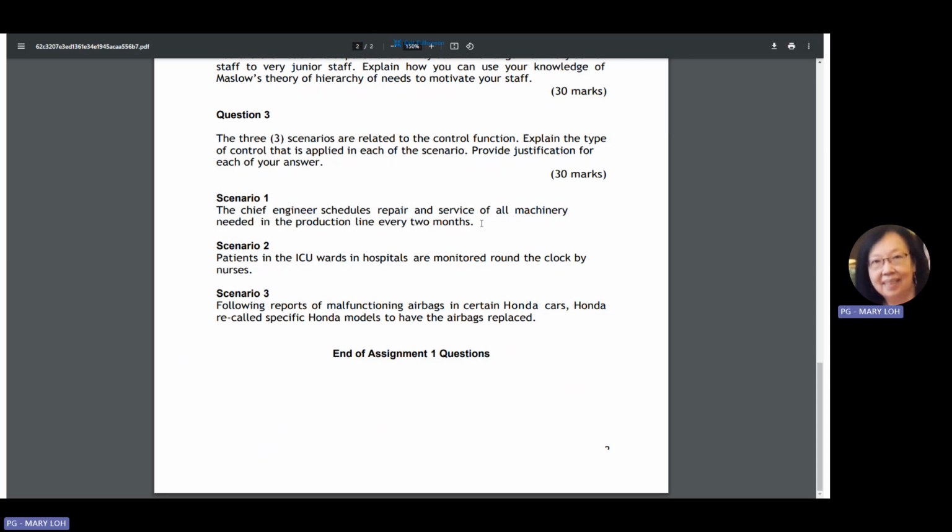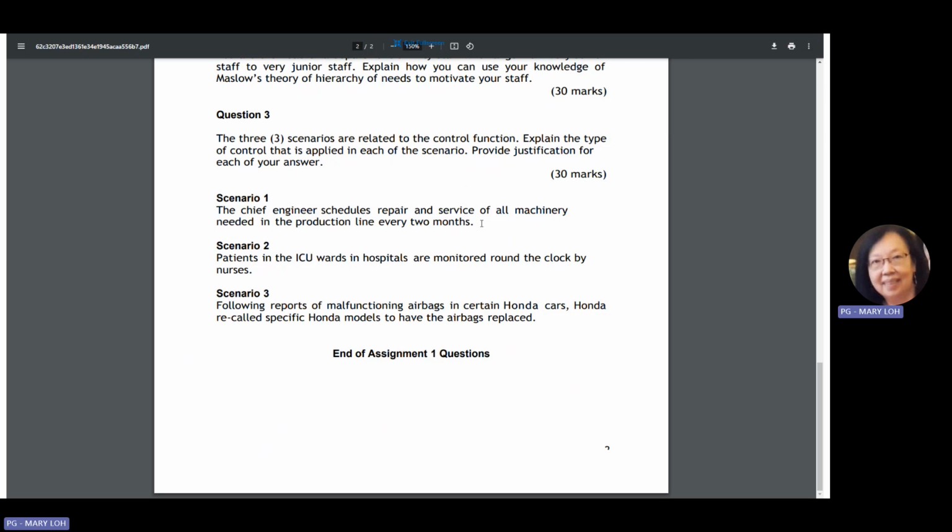So that means while it is happening, while the patient is there recovering, you are monitoring the progress. And if something should go wrong, the pulse rate goes down, pressure goes up, they will immediately call the doctor to try to resuscitate the patient, to rescue the patient, or to make sure that the patient is still alive. So this is concurrent control.